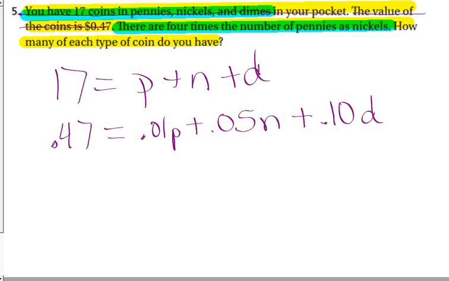The last thing we're going to work with, it says there are 4 times the number of pennies as nickels. So pennies is equal to 4 times the number of nickels. So there's our 3 equations for our system for this problem.